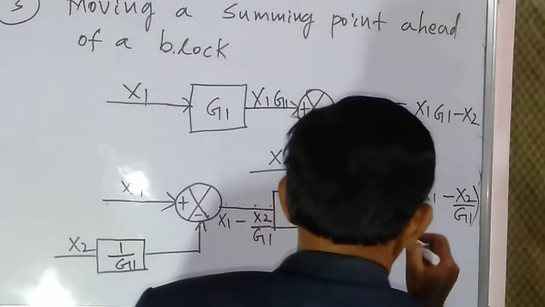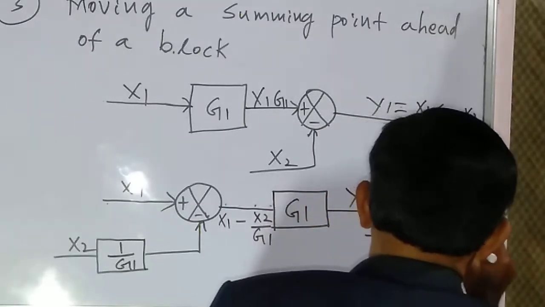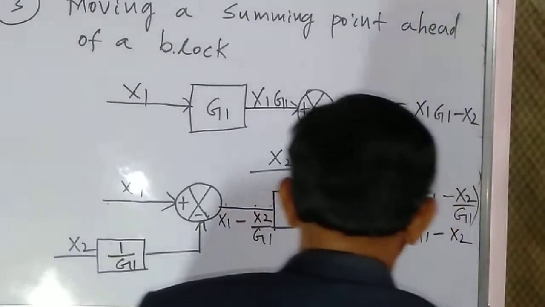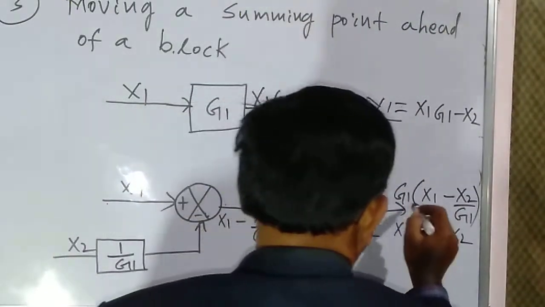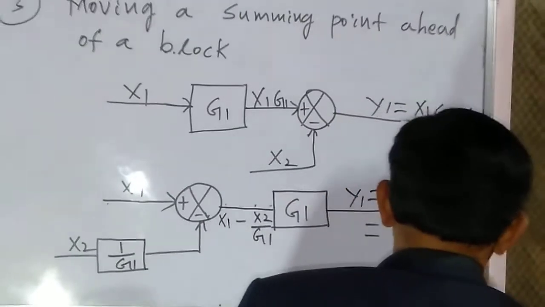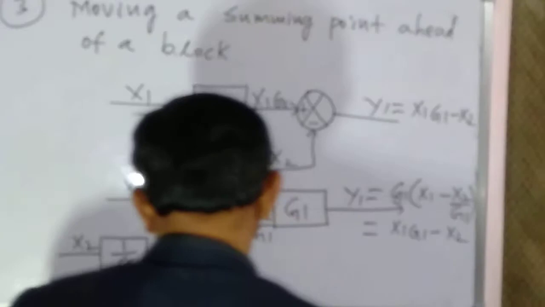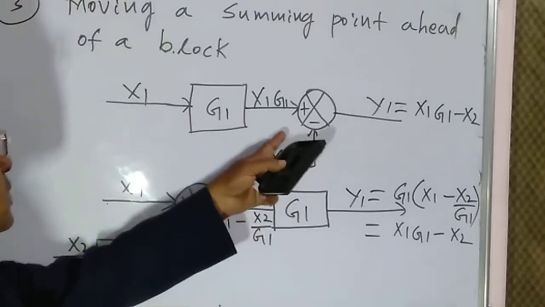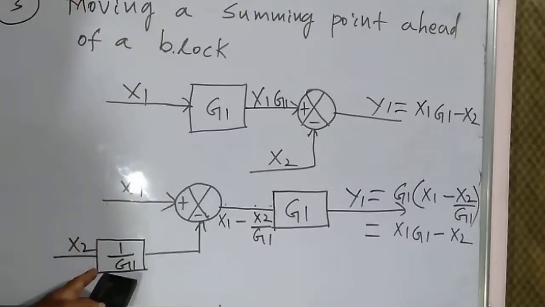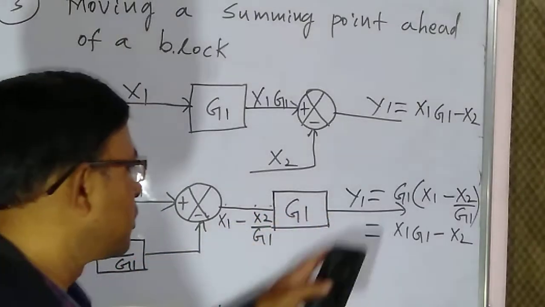Therefore finally we will get x1 g1 minus x2, because this g1 g1 will be cancelled. So the same output we will get if we move this summing point to this side and divide by g1 in the x2 signal.